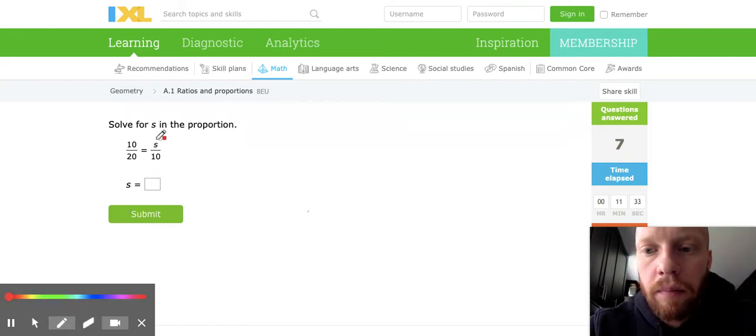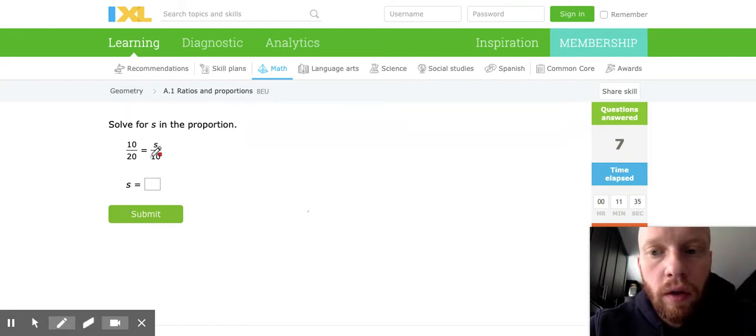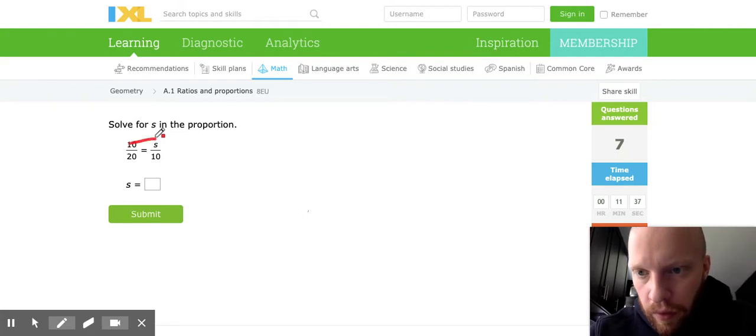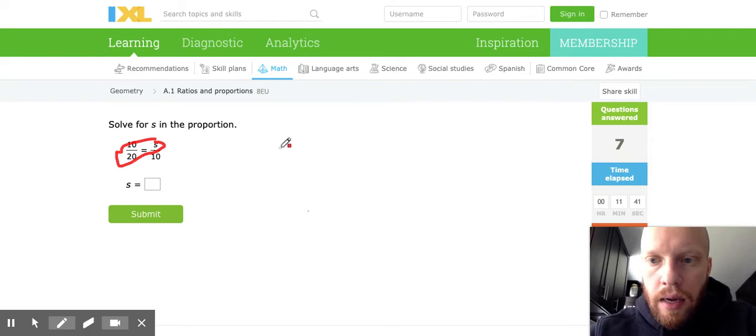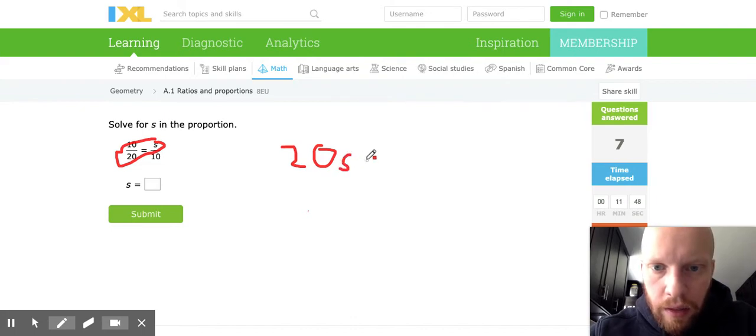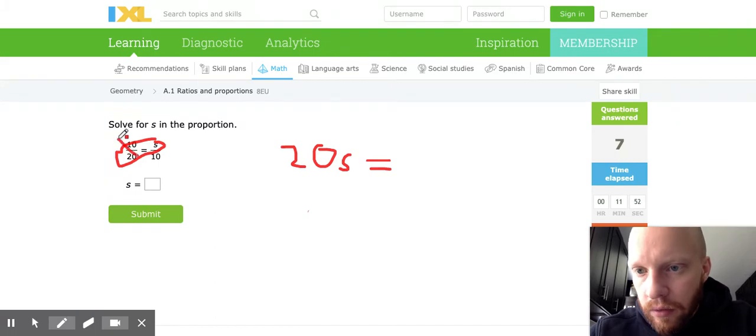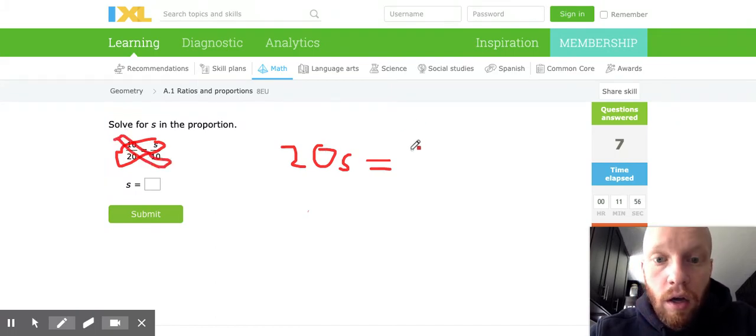So what we have to do is cross multiply. We're going to do s times 20, right? And that gives me 20s, and that's going to equal, now we're going to cross multiply these two numbers, right? And that's going to give me 10 times 10, which is 100.